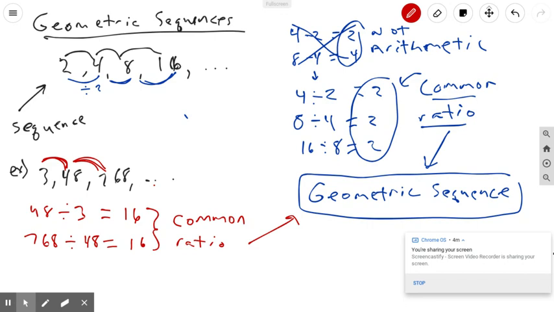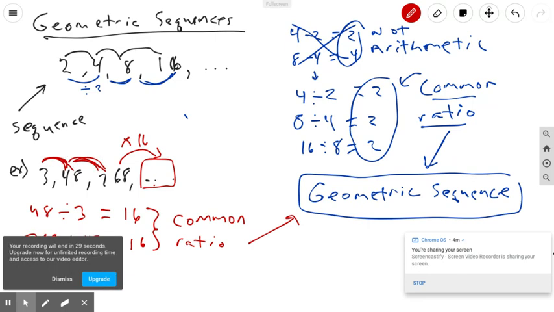Okay, now, could I find the next number in the list right here? Yes, now I found out what the common ratio is by dividing, but if I wanted to go this way, I would actually multiply by that common ratio, 16. Right? Because as we go from left to right, we're multiplying. As we go the other way, we're dividing.